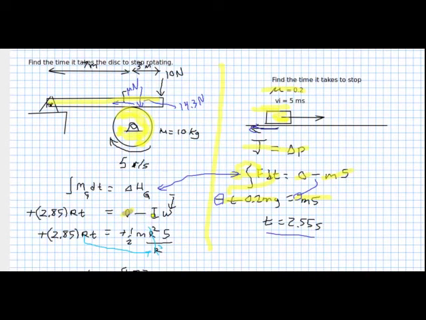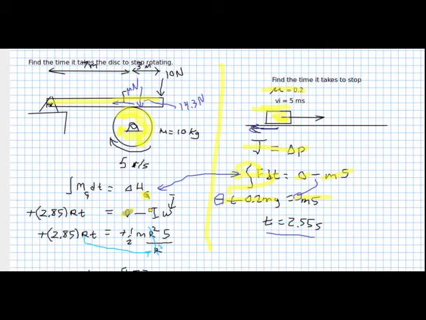And the initial angular momentum, you found out in the last video for a solid object in planar rotation, is I times omega if you're calculating it about its center of mass.